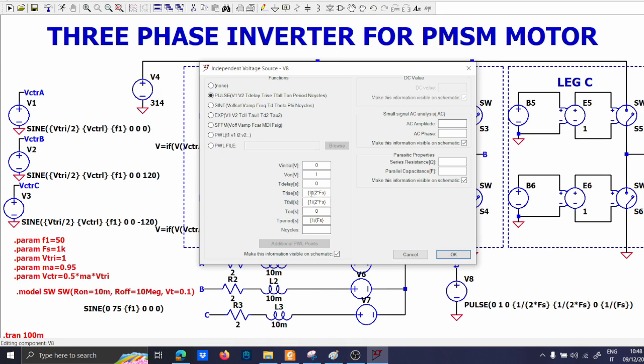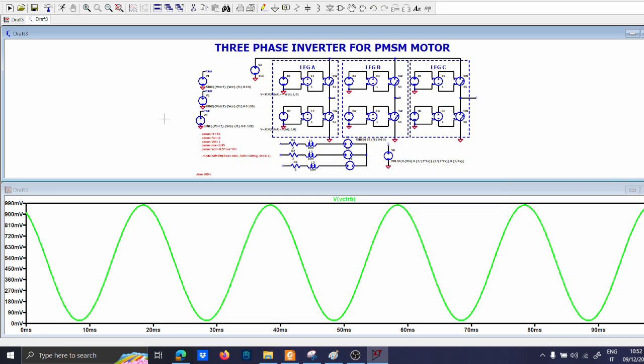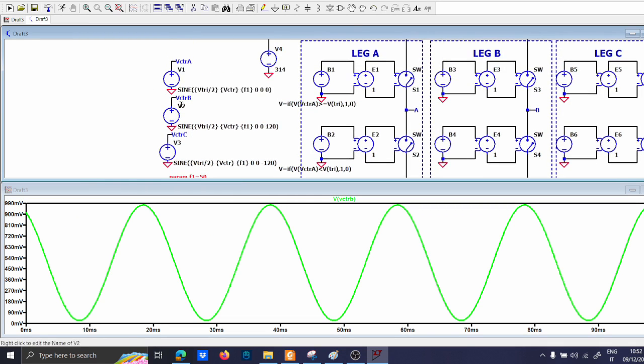Okay, I forgot to put the parentheses in the correct order. My bad. Even here. Okay, so here you have the same voltage.